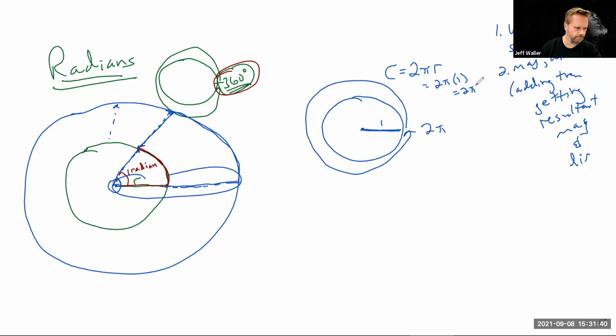Okay. What that means is how many radians, how many of these could I lay down to get all the way around the circle would be 2 pi of them. So a complete way around a circle in radians is 2 pi radians.